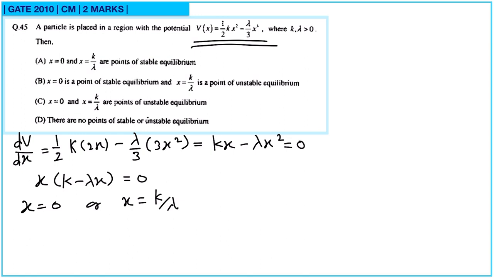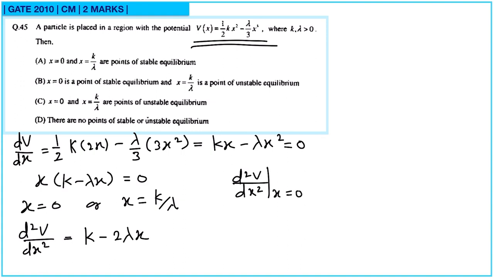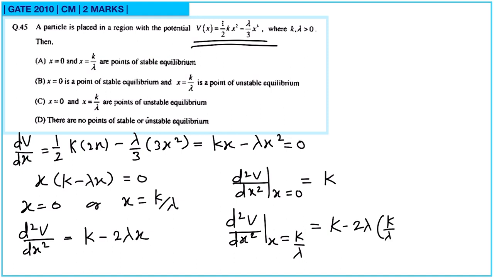Now let us calculate the second derivative, which is d2V by dx square, and that is equal to k minus 2 lambda x. Now d2V by dx square when x is 0 is equal to k, and the second derivative of the potential at x equal to k by lambda is k minus 2 lambda into k by lambda.